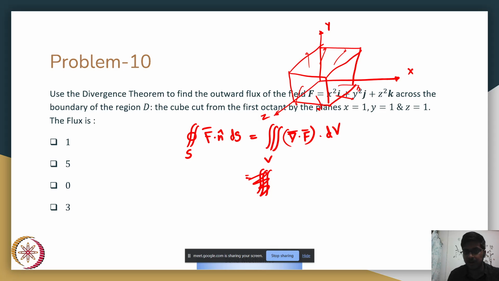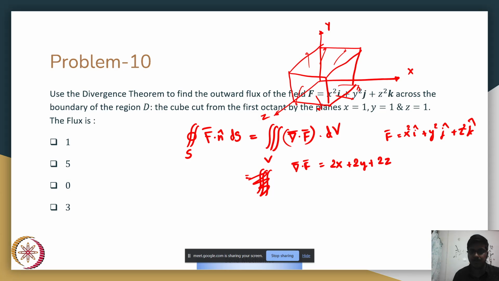First we'll calculate div F, and F is x squared i hat plus y squared j hat plus z squared k hat. The divergence of F is 2x plus 2y plus 2z. Therefore, my flux is the integral of 2x plus 2y plus 2z over x, y, and z.